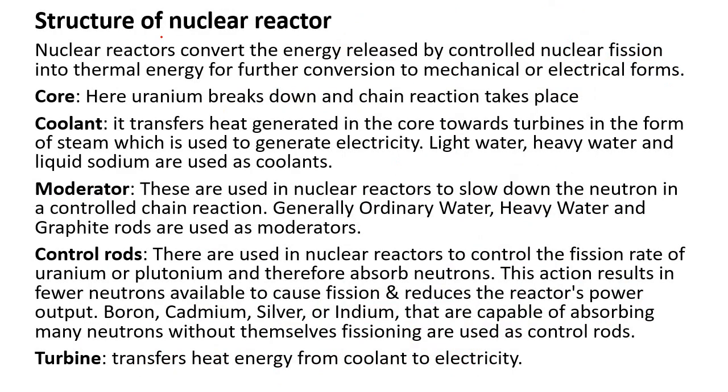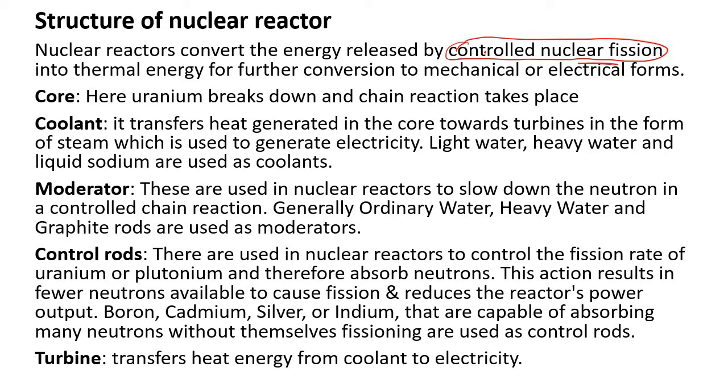Okay, we'll see the structure of a nuclear reactor. Nuclear reactors convert the energy released by controlled nuclear fission. Already I told, controlled nuclear fission, because we need to control the number of neutrons, otherwise the heat inside will increase and finally a blast will occur due to high temperature. So we need to control the number of neutrons so that the energy released will be controlled.